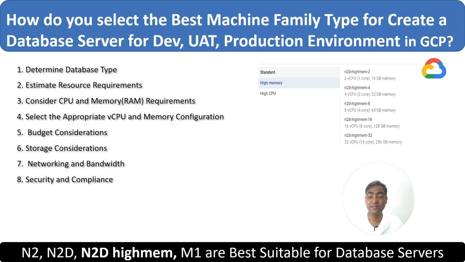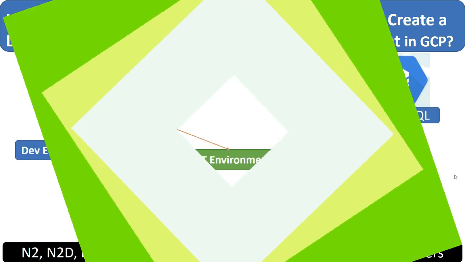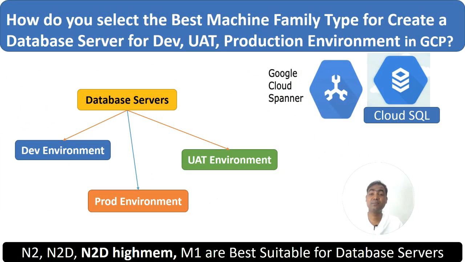As you can see here, the types of machine families include general purpose, memory optimized and custom machine VMs, and you can select the machine type series for a database server for multiple environments like dev, testing and production. I'll guide you on how to choose a machine family type for each environment like dev, UAT, staging or production.